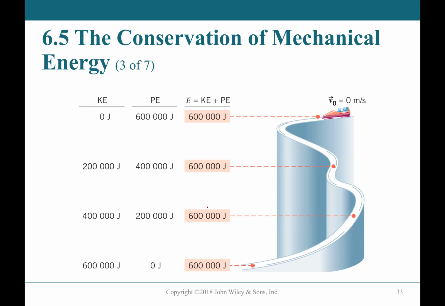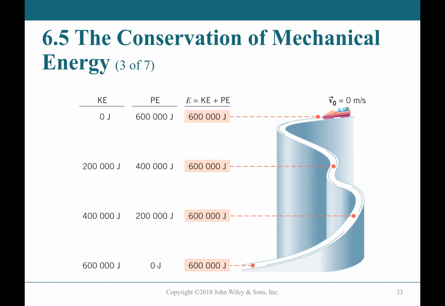Then finally, it reaches the bottom. So now it's going to speed out with some great speed compared to what it had initially, which was 0. And it's now at the bottom here where my h is 0. And if h is 0, then of course the potential energy is now 0.